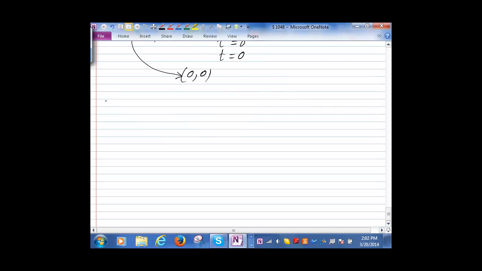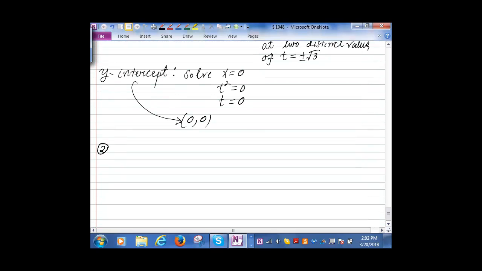Okay, what is question 2? Let's say I want to find the points where the tangent lines are horizontal. Actually, you know what? My second question is the following.